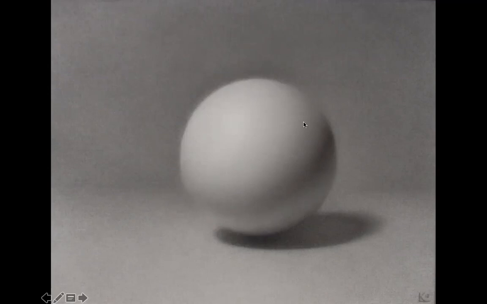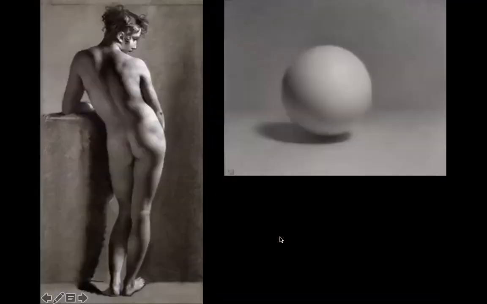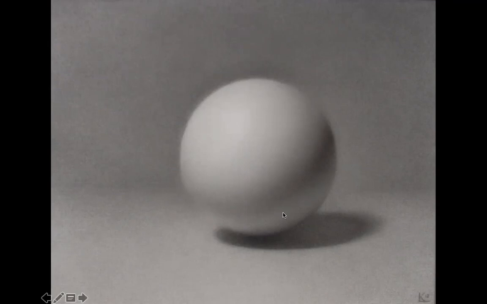So we have light mass, shadow mass. Anyone know what this lighter area within the shadow is called? Anyone ever come upon that term? Okay, so that's this area. This area is called the reflected light.